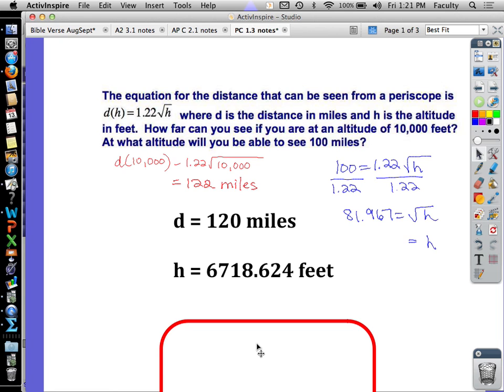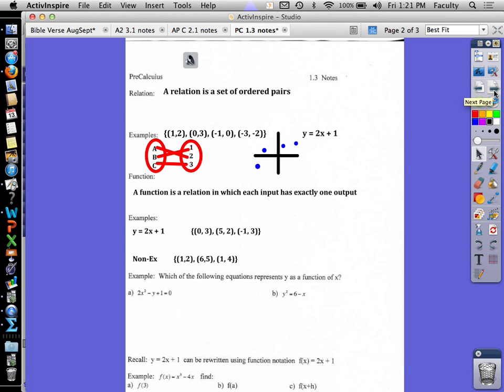Distance compared to height, like how far you can see compared to how high you are. Exactly. This really is saying what is the distance at that height? That's actually what it means. All right, so moving right along. That was just to sort of motivate what we're going to do today.